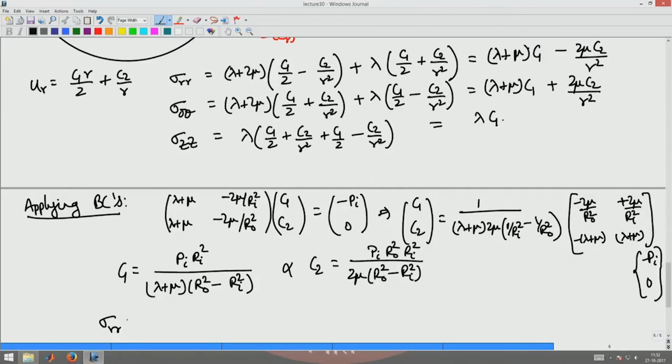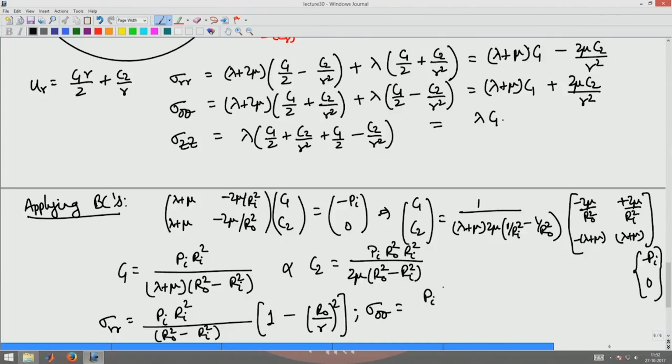Sigma r r would be pi r I square divided by r naught square minus r I square into 1 minus r naught by r whole square. Okay. And sigma theta theta would be pi r I square by r naught square minus r I square into 1 plus r naught by r the whole square.